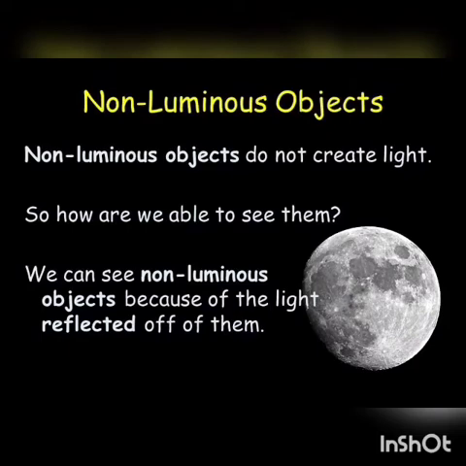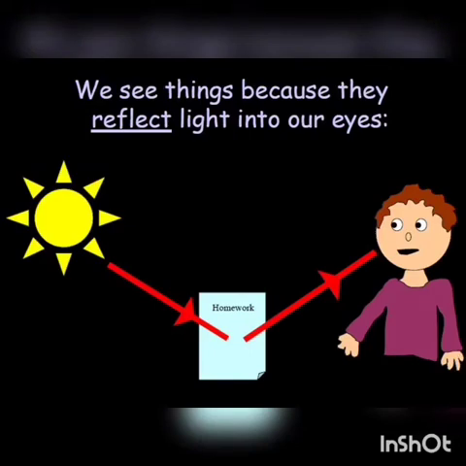We see the non-luminous objects because they reflect the light which is given by the luminous sources. We can say that we can see the non-luminous objects because the light from luminous sources is reflected back by them.